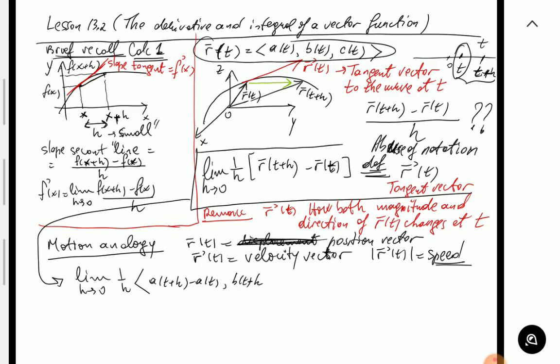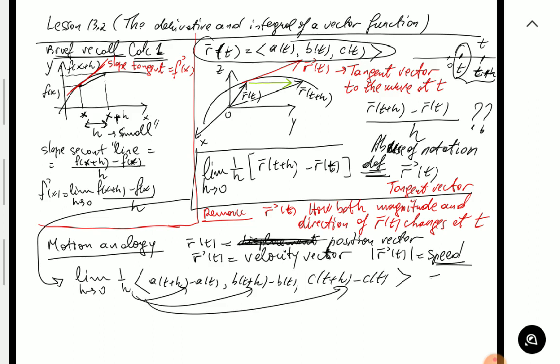Then b of t plus h minus b of t, c of t plus h minus c of t. And then if we bring in 1 over h in a scalar multiplication, if all these difference quotient limits exist, notice that this is nothing but the old-fashioned calculus 1 derivatives for each component.